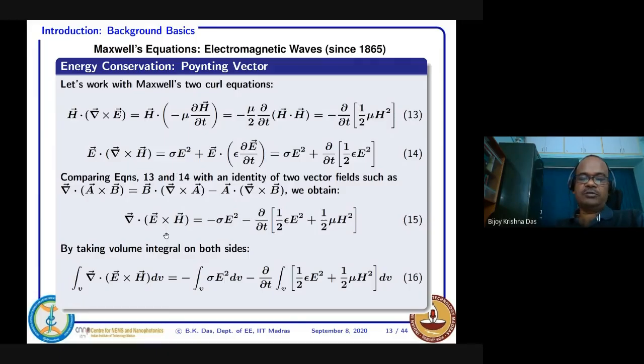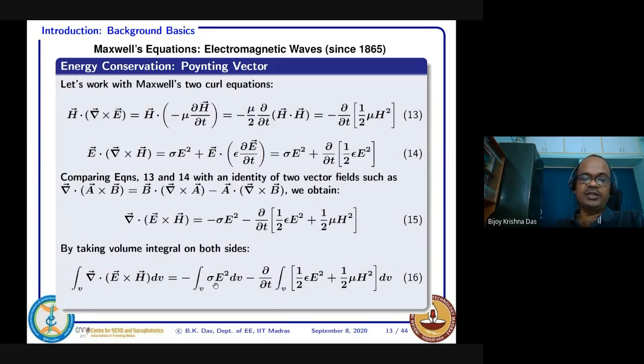Now to get the overall energy for a particular volume, if you consider that entire volume, you are taking the volume integral of equation 15, volume integral on the left side and on the right side. That is how you get equation 16 from 15.